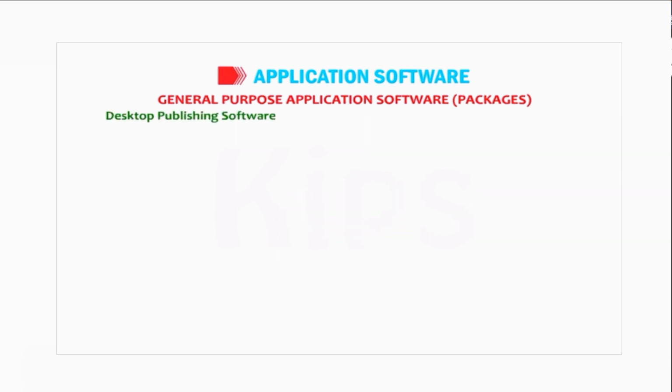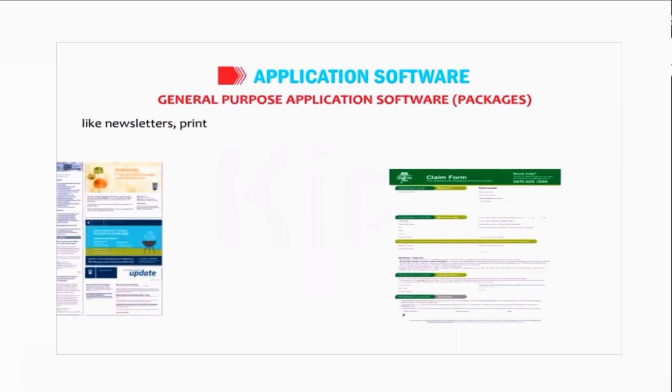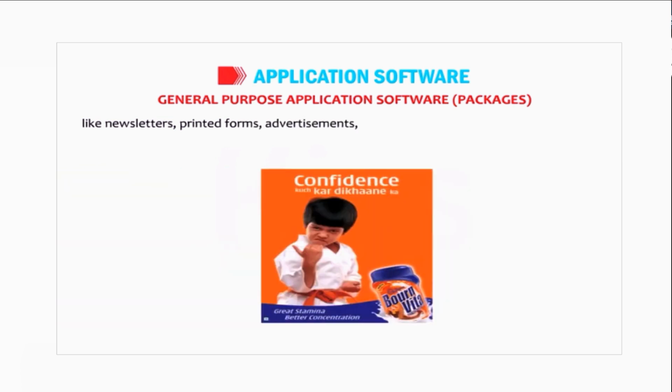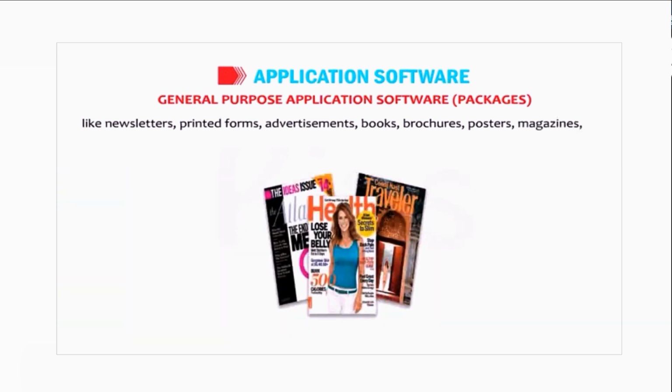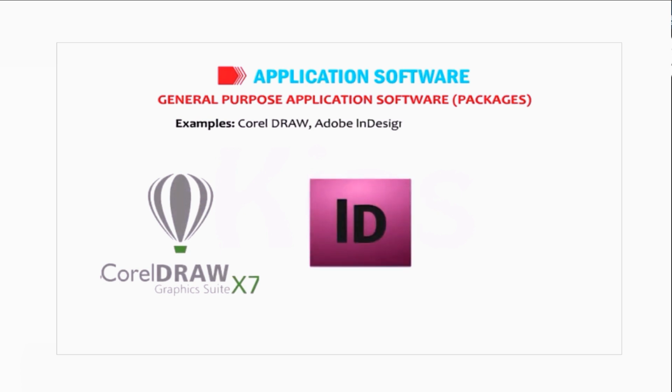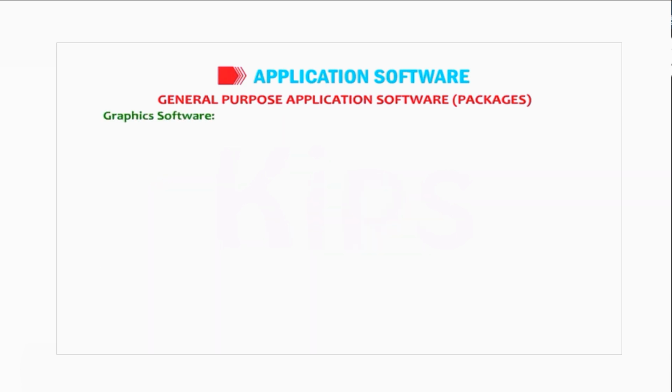Desktop publishing software. This application helps you to combine both text and graphic features to design professional documents like newsletters, printed forms, advertisements, books, brochures, posters, magazines, etc. Examples: CorelDRAW, Adobe InDesign, QuarkXPress, etc. Graphics software.